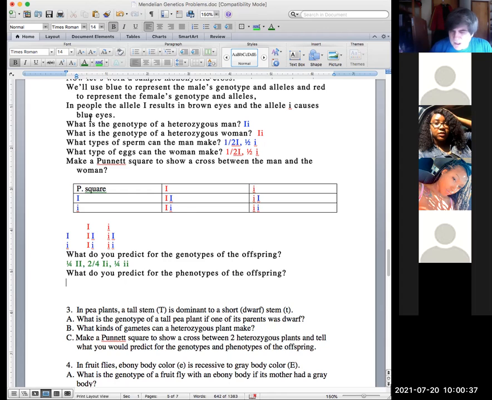So what do you predict for the phenotypes of the offspring? Okay, so if we look at these 2 genotypes, big eye, big eye and big eye, little I, remember, big eye is dominant.